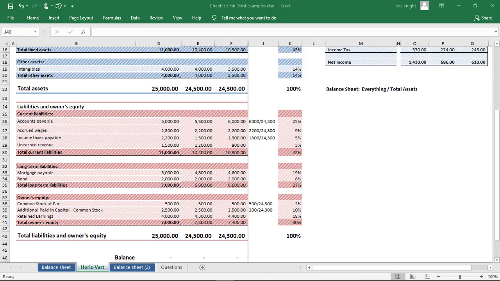So it's a pretty big chunk of assets being held as obligation by the accounts payable. It gives a feel for where our risks are and where our business has its major exposure. And it also shows us, for the equity side, how much of the business is owned by the investors.